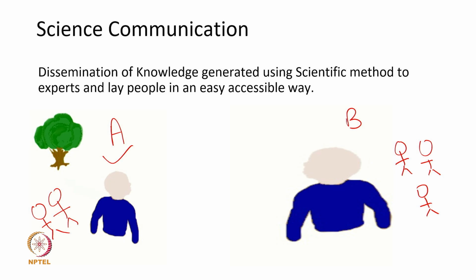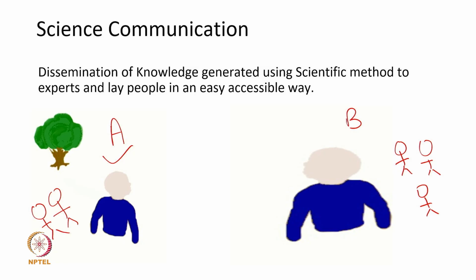Now this group has discovered some implication of this particular tree X, which can be useful for the treatment of, say for example, disease Y. Scientist A does not communicate this to the outside world, so the outside world will remain unaware of this knowledge.